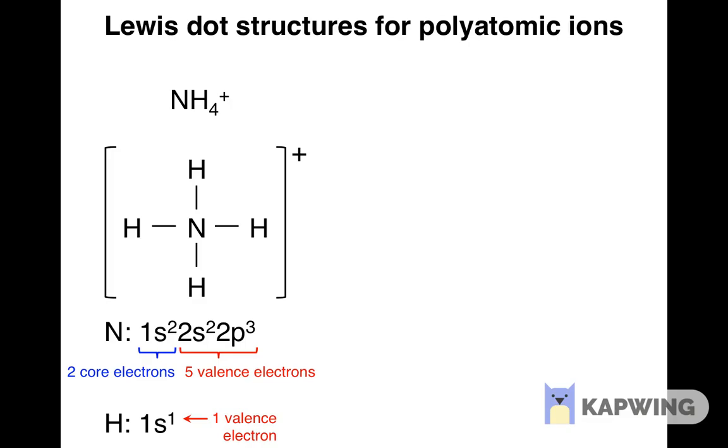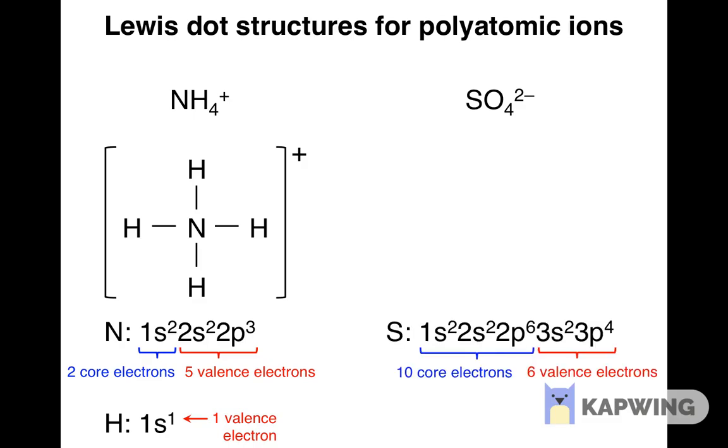Now consider the example of the sulfate anion, SO4 2-. In this polyatomic anion, the sulfur atom supplies 6 valence electrons, and each of the 4 oxygen atoms also supplies 6 valence electrons, for a total of 6 plus 4 times 6, 30 electrons.